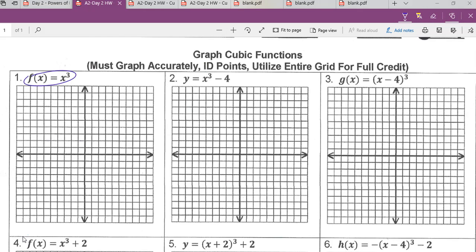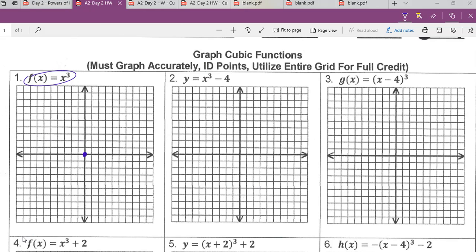What I'm going to do is get a sheet of paper and make a function table. But before I do that, I'm going to make some predictions. I know that the parent graph of f of x equals x to the third was a curved graph that went through the origin here. Now, I don't see any transformations.